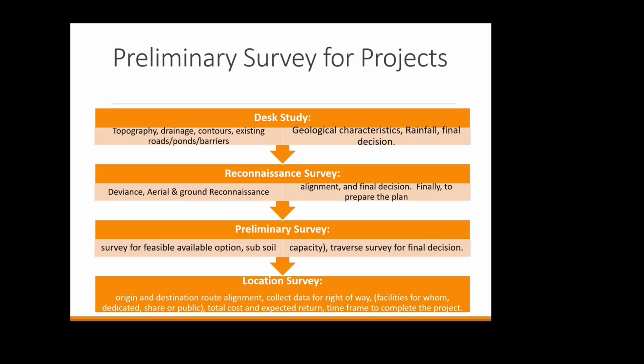The second part of a desk study is geological characteristics. Geological characteristics are very important. You cannot ignore them. In the geology, we basically consider the ground water table level, whether the area is waterlogged, and how much chance of flood we have. All that information we can collect from the rainfall data.